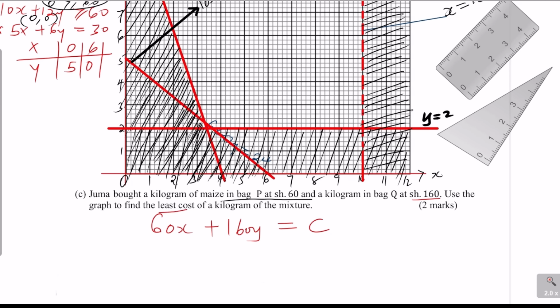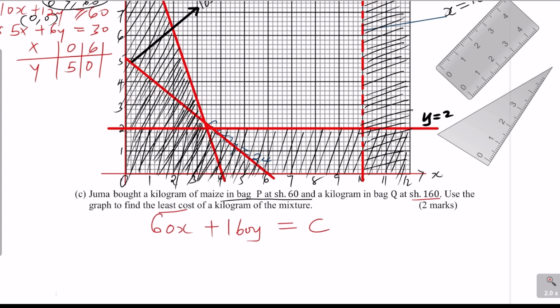Now in order to do that, we can use different methods. You can use the inspection method to find the least cost of a kilogram of the mixture. That is, in bag P, how many kgs, and then in bag Q. We need to find the number of kilograms in bag P and in bag Q that will give us the least cost.